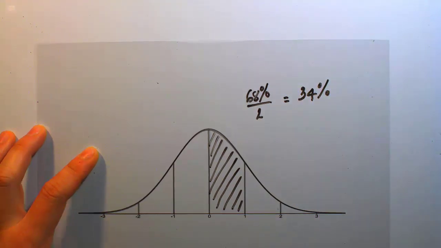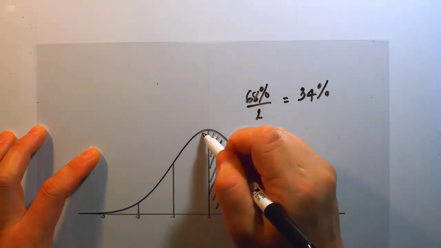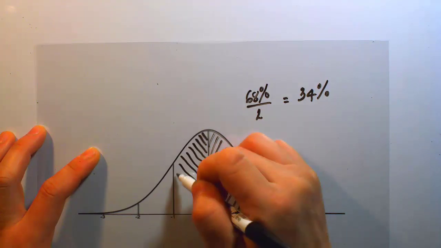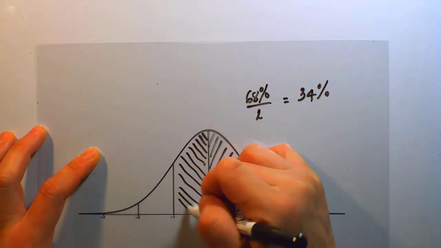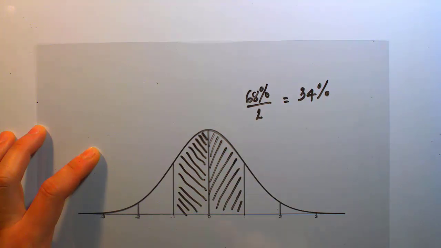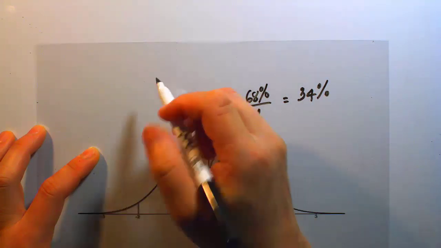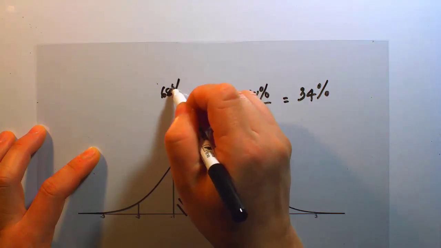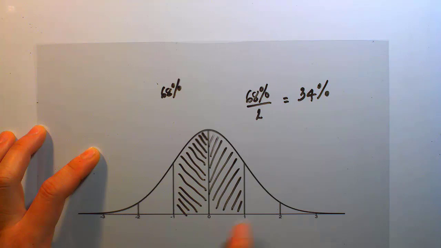And then similarly for the other area over here, that I'm drawing between the mean and 1 standard deviation below, this area is also half of 68%, because the 68 is the complete interval from -1 to 1.